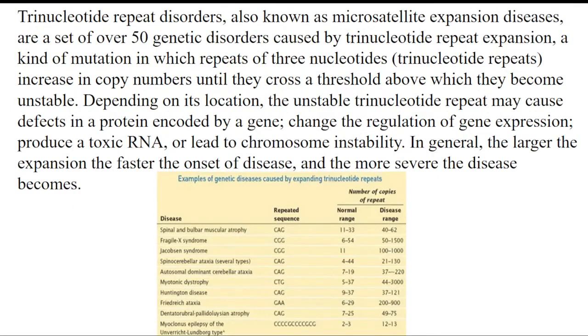So you see in the first column the repeated sequence. You see in the second column the normal range of these repeated sequences, and in the third column you can see the disease range. So you see the number of copies increases in a disease condition.